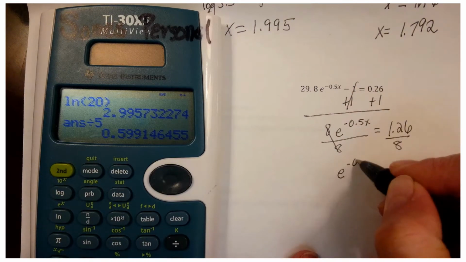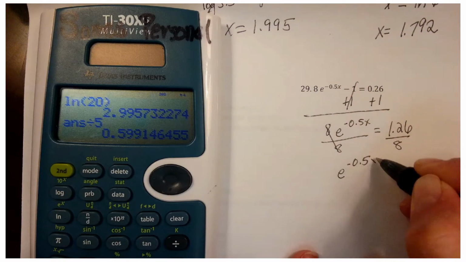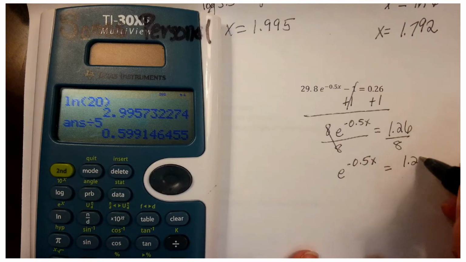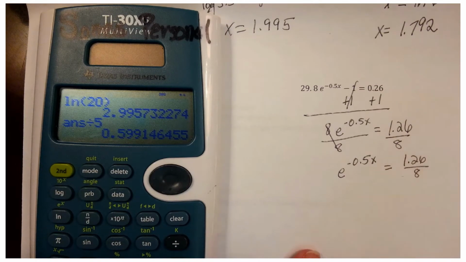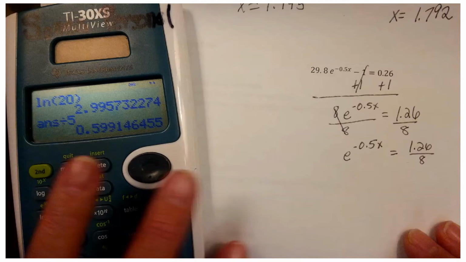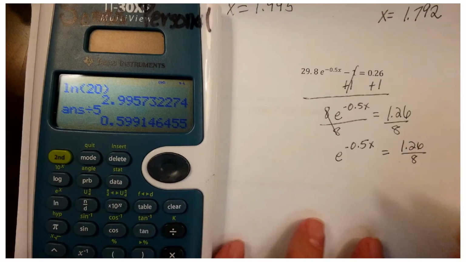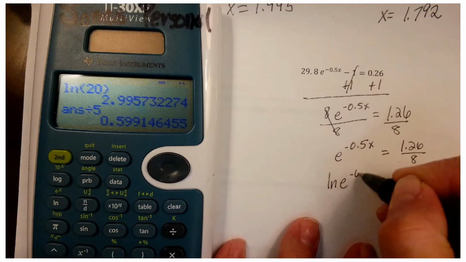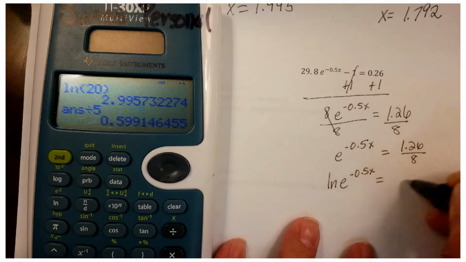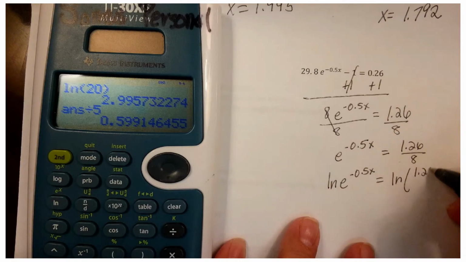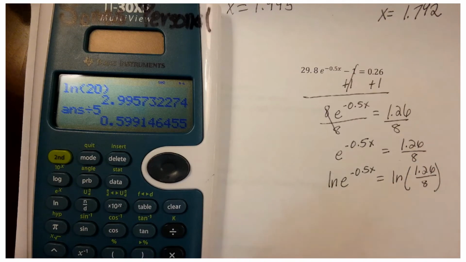e to the negative 0.5x equals 1.26 divided by 8, and there's really no need to work this part out. You can do that later when you put it in the calculator. And then natural log of both sides. So I've got natural log of 1.26 divided by 8, and you can put it in the calculator just like that.